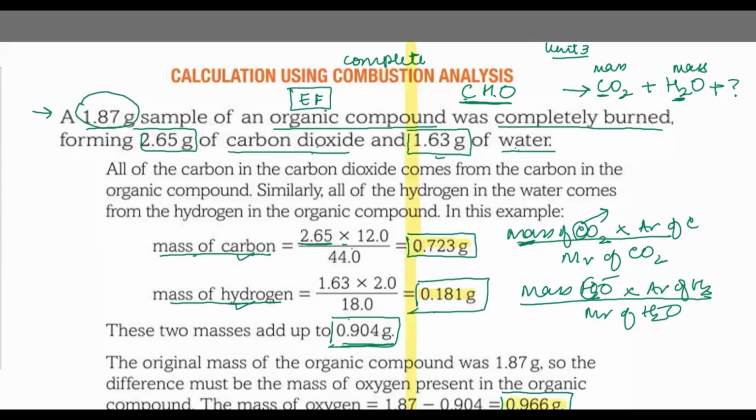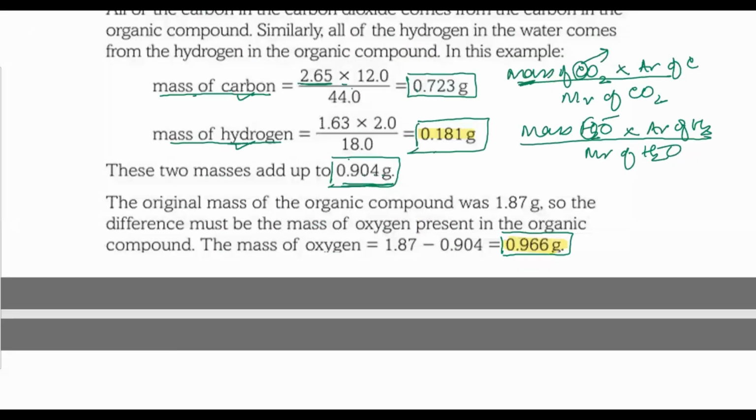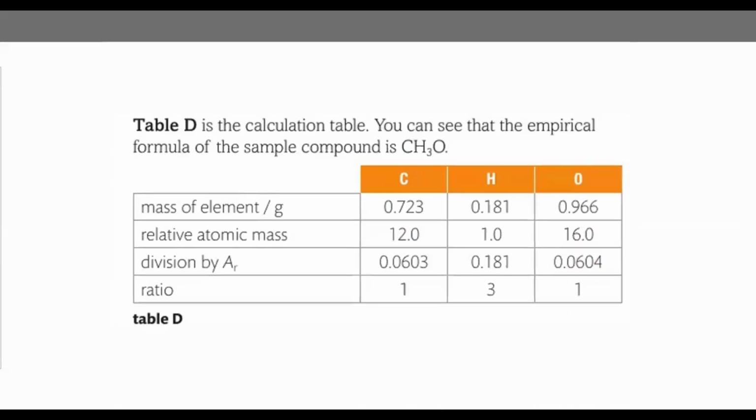So now you have the mass of carbon, the mass of hydrogen, and the mass of oxygen. When you have all three masses, the next step is to put them into three columns and find the ratio. Whatever mass you calculated in the previous step for carbon, hydrogen and oxygen, you'll divide by the ARs, the relative atomic masses, and you will have the number of moles there. Then, in order to find the ratio, you will divide the moles by the smallest value.